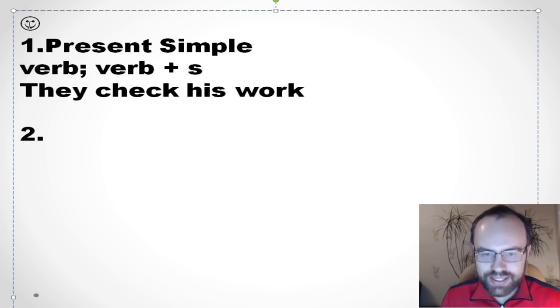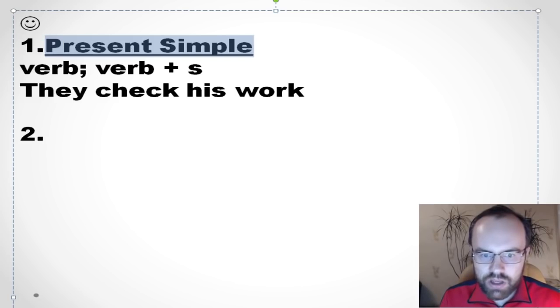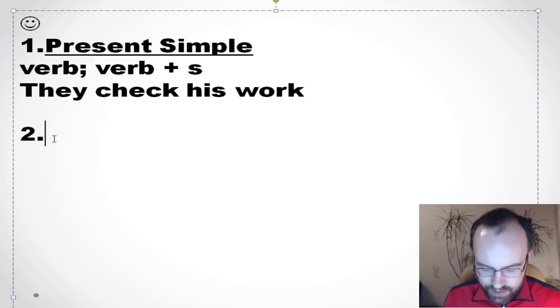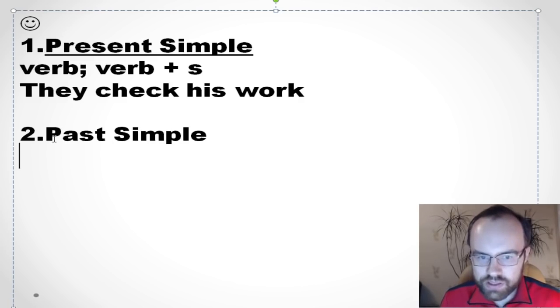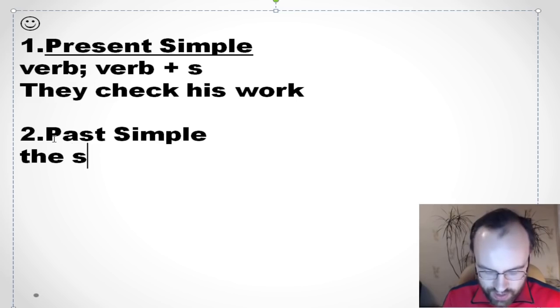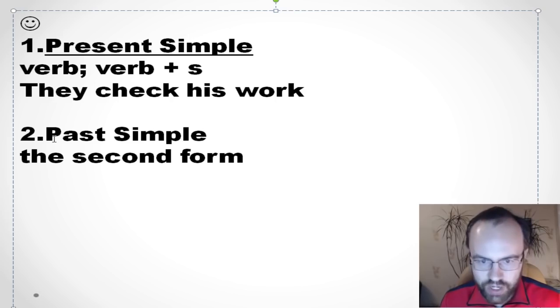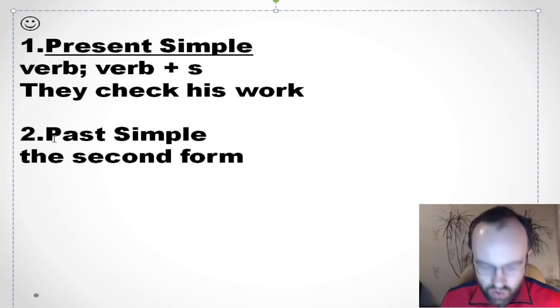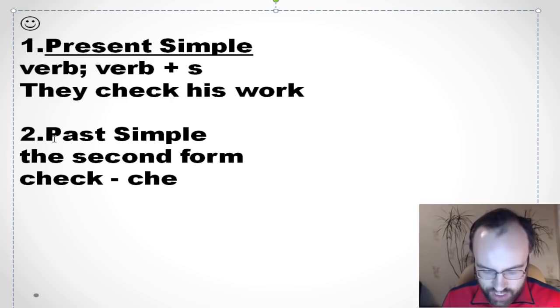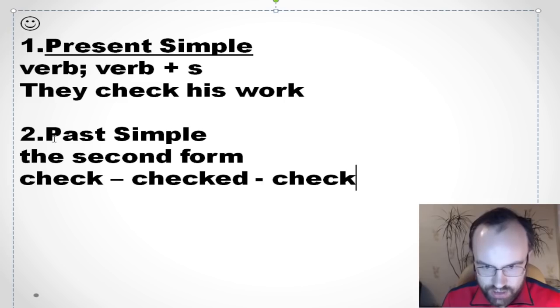Let's say the same in past simple. In past simple, it's easier. To form past simple, you need to use the second form. I hope that you remember it. If we look at this sentence, check, next checked, and checked.